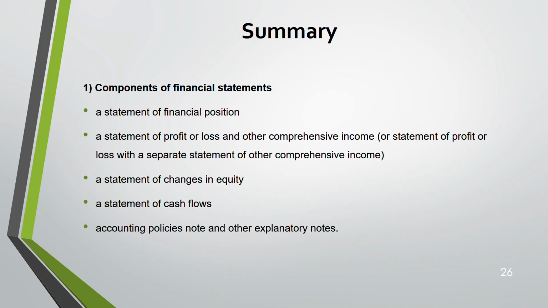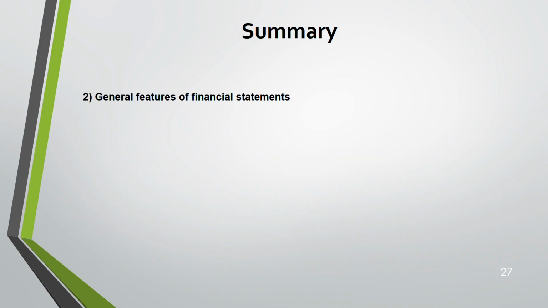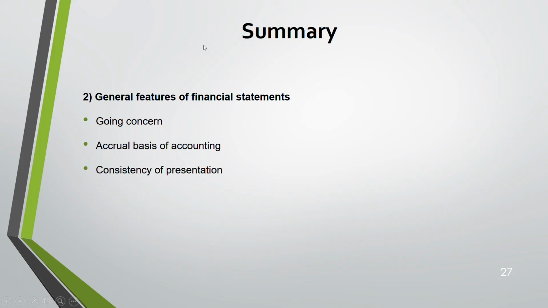Okay. Then we went through the general features of financial statements. There are 6 features, starting with going concern. Second is accrual basis. Anything occurred, you recognize it, not based on cash. Consistency. Anything you classified as current or non-current or in any particular way needs to be classified in the same manner every year, unless IFRS demands or you feel it is more appropriate to present in a different way.